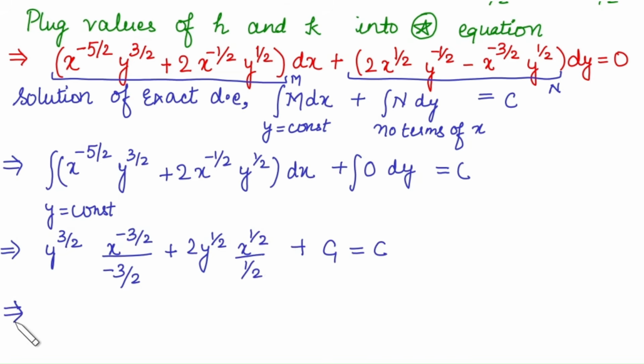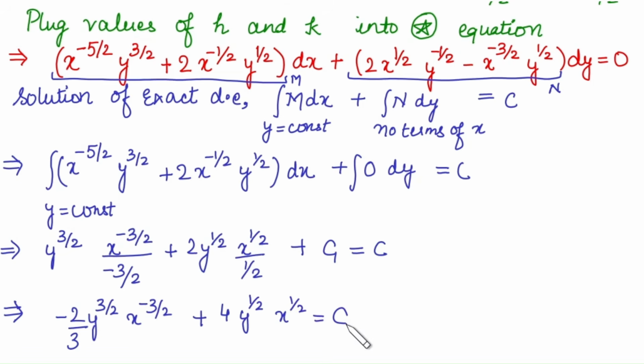We can further simplify it as minus 2 by 3 y raised to power 3 by 2 x raised to power minus 3 by 2 plus 4 into y raised to power half x raised to power half is equal to a new constant c2, that is the difference of these two. And this is the final general solution of this differential equation.